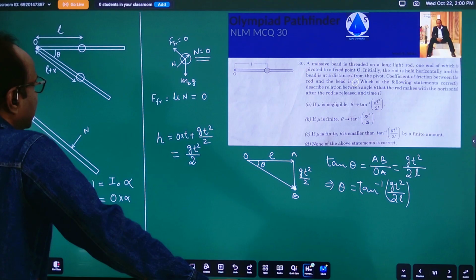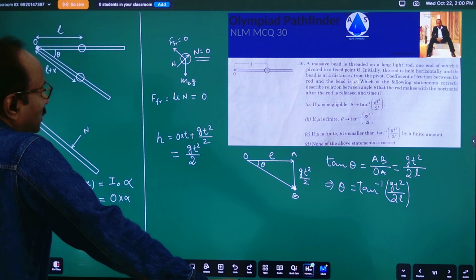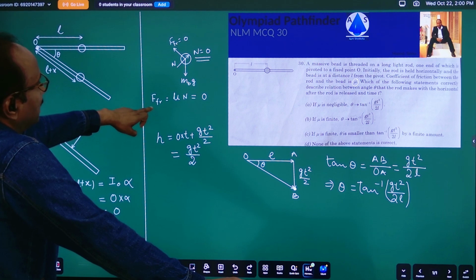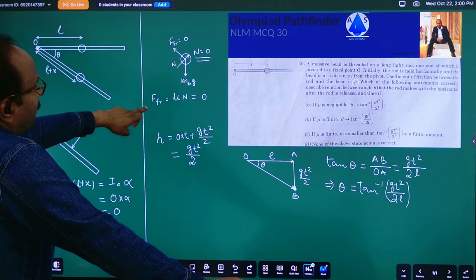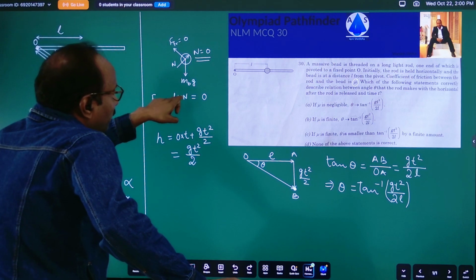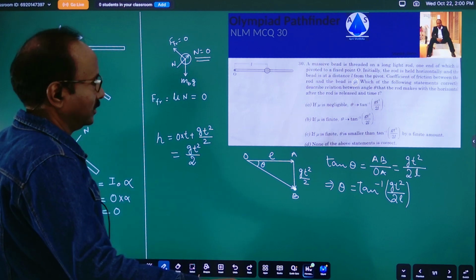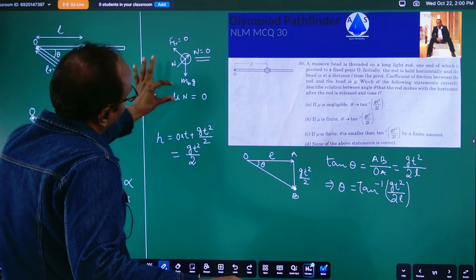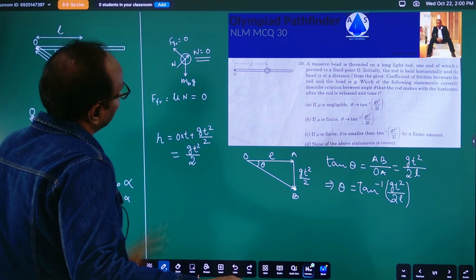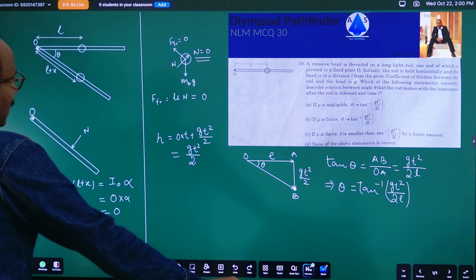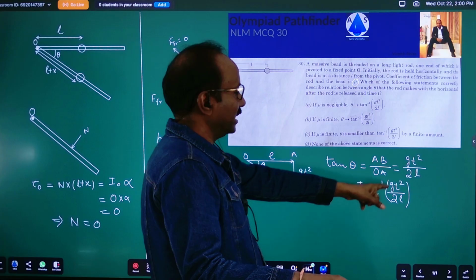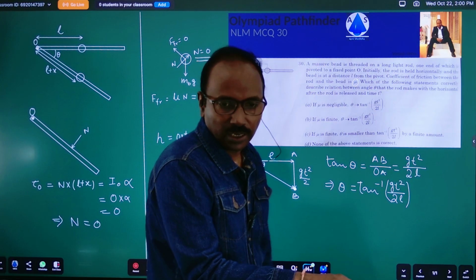As we can see, the friction force is always 0 because the normal reaction force is 0. So irrespective of the value of coefficient of friction mu, the theta will be coming as tan inverse gt square by 2L.